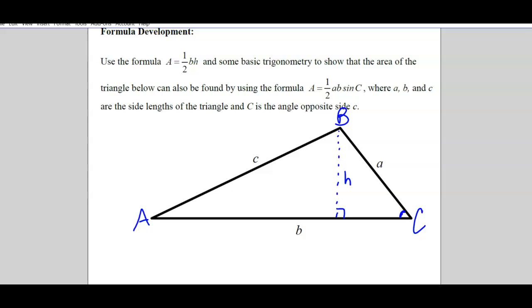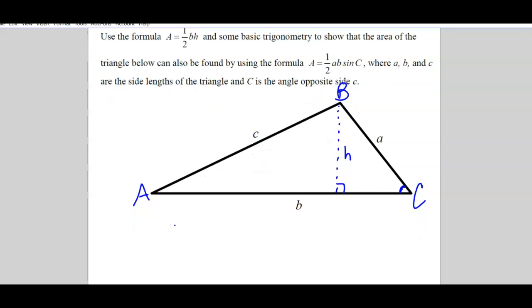Tangent is opposite over adjacent. Well, I don't have anything here, right? So adjacent's not going to help me. I know the whole thing, but not in that right triangle. So I'm going to use sine. So sine of capital C is h over a. Solve for h, which is the height, not hypotenuse.